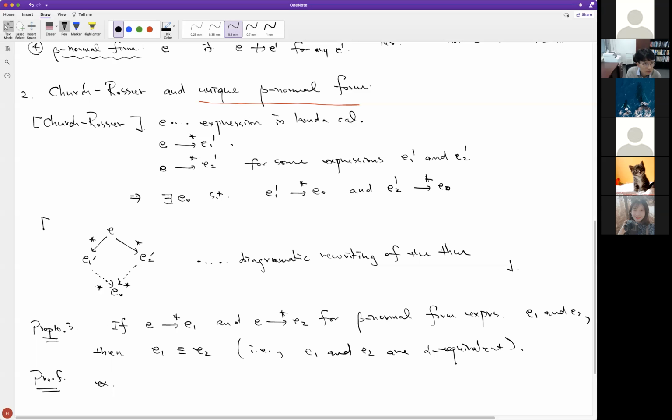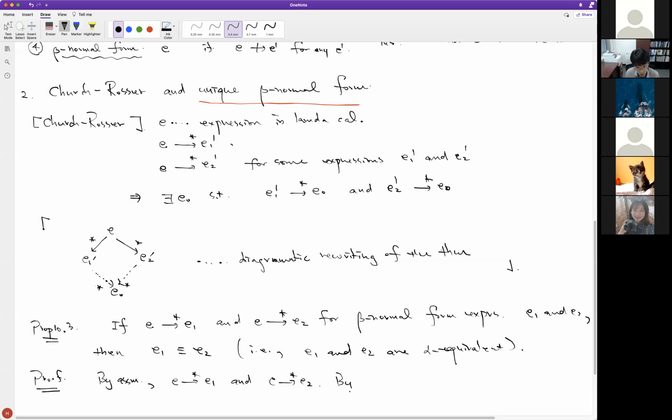Okay, so let me show this. The proof is quite simple. By assumption, E goes to E1 by reduction, and E also goes to E2.